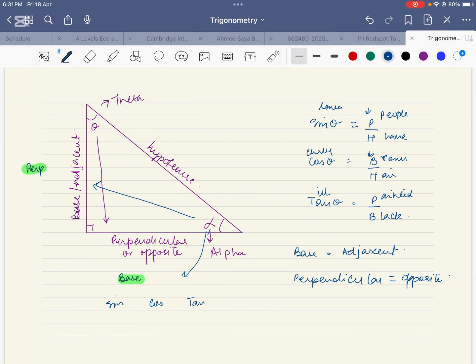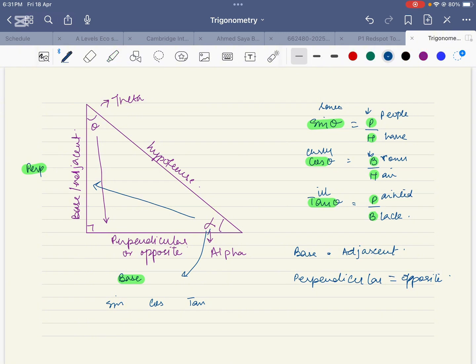So sine theta, we have to be careful which angle we are using. Sine theta is equal to perpendicular upon hypotenuse, cos theta is equal to base upon hypotenuse, and tan theta is perpendicular upon base. Base is also called adjacent and perpendicular is also called opposite.